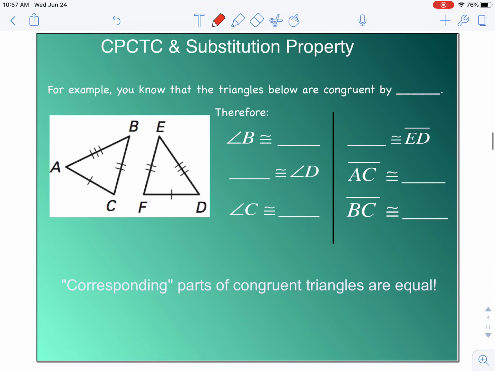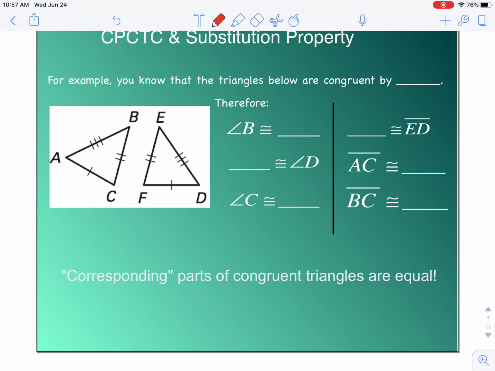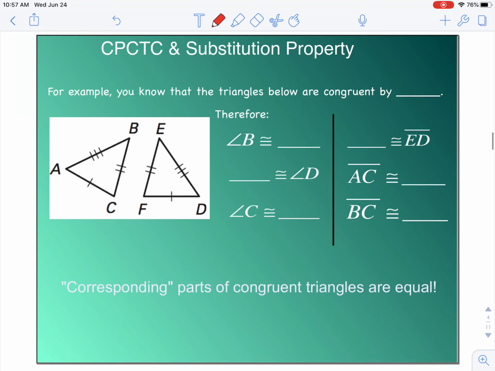So, for example, we know that these two triangles are congruent. How? Side, side, side. So because of that, we know that angle B right here will be congruent to angle E. How do we know that? Because it's the angle marked between the 2 and 3 tick marked sides.